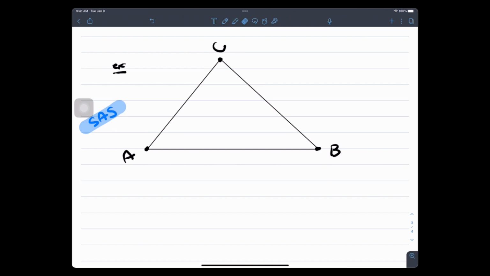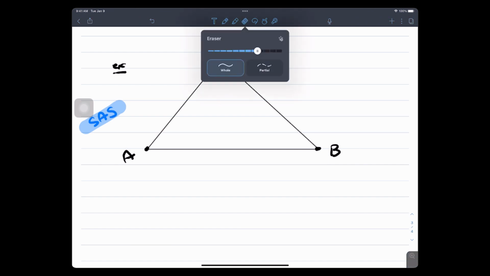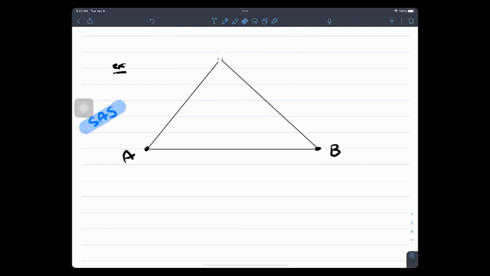Okay, so here's another example. If they said to us, okay, this measures here. Let's do it this way. Okay, let's draw a different picture for you guys.